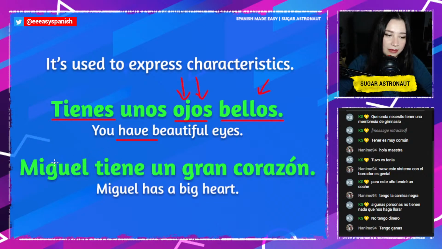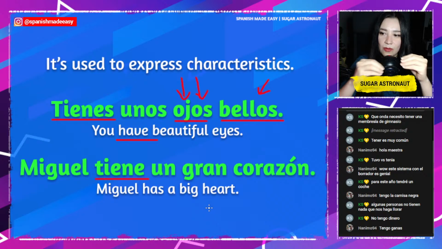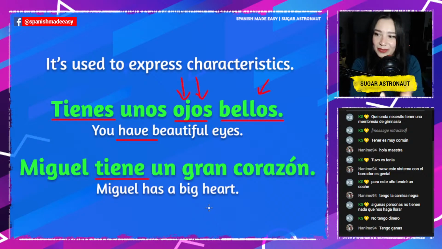The next example is Miguel tiene un gran corazón. This means Miguel has a big heart, okay? Not literally, of course.